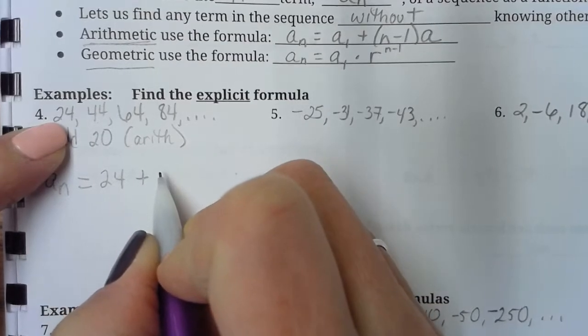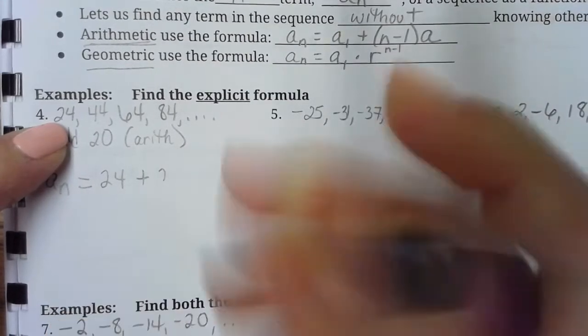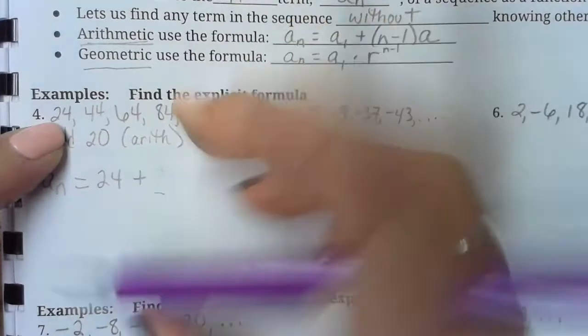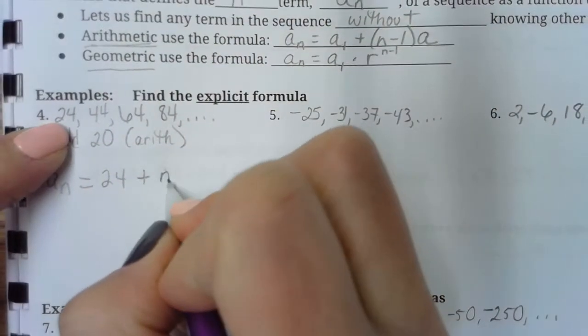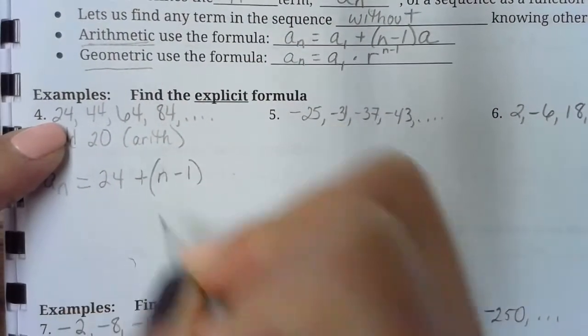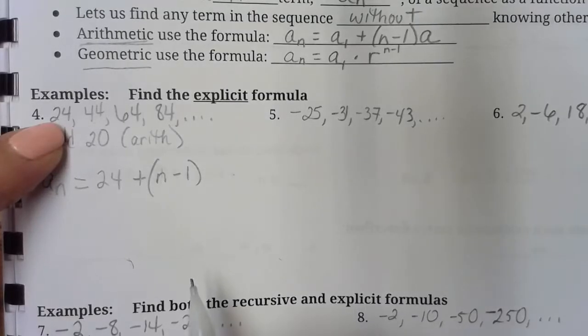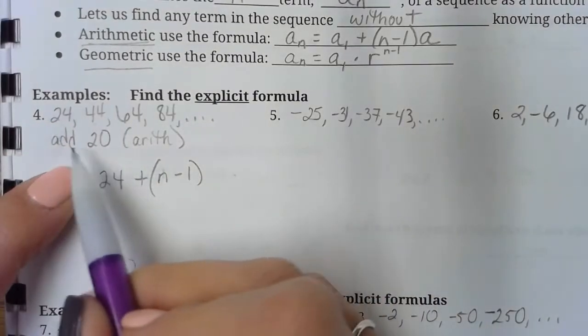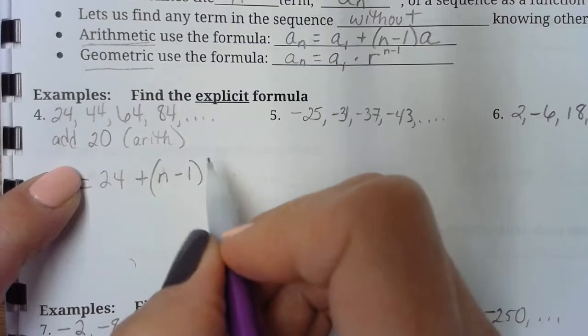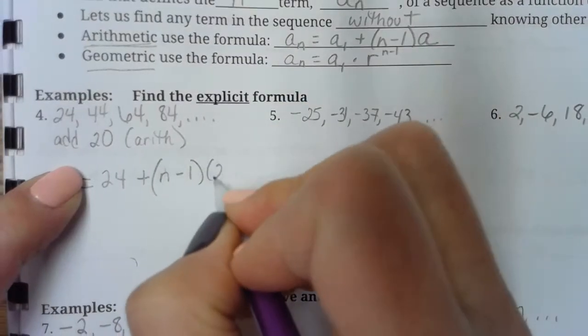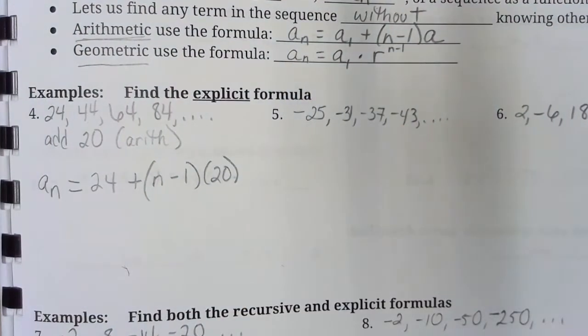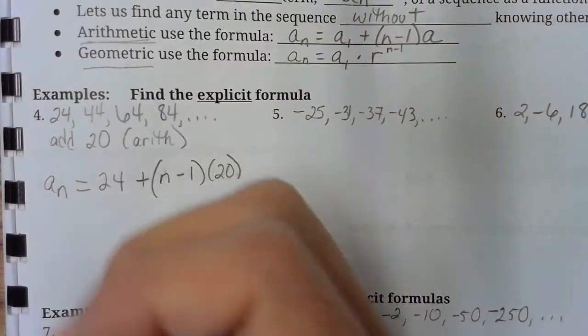plus n, sorry, I said n and I wrote something else, n minus 1 times a. Well, a is what we're adding. So what are we adding every time? 20. So this is an equation that you can simplify.